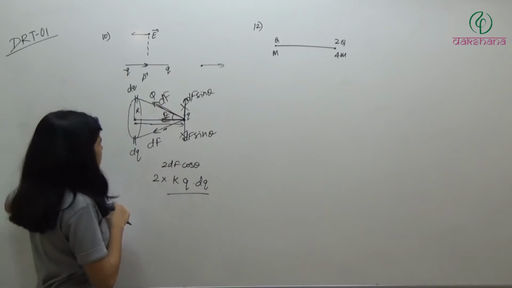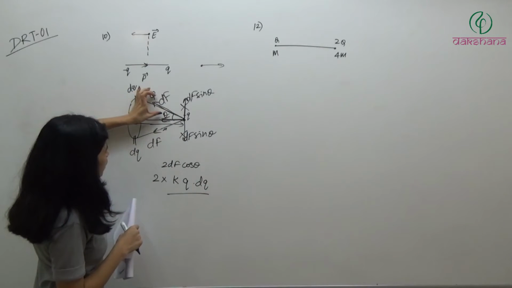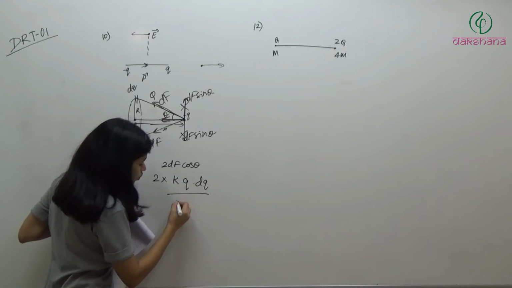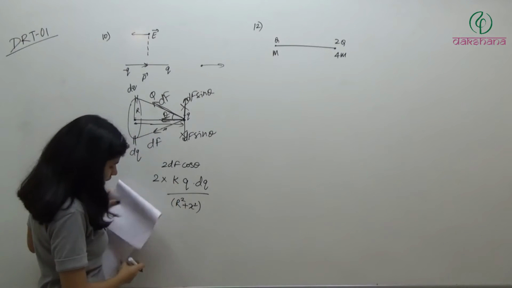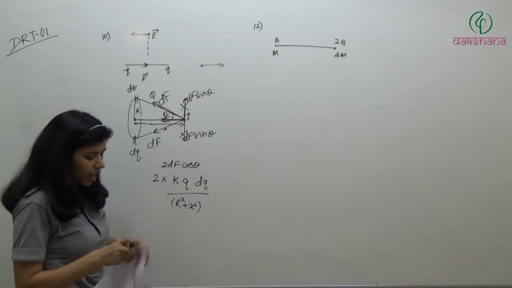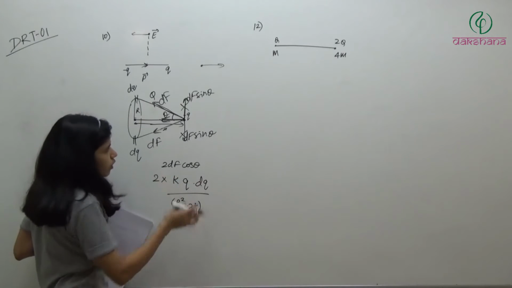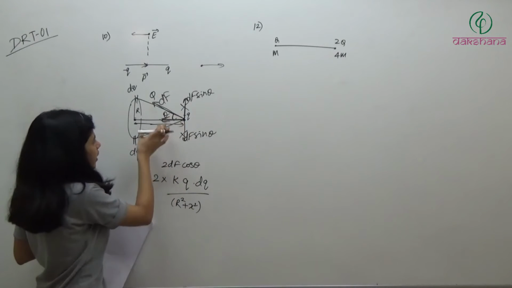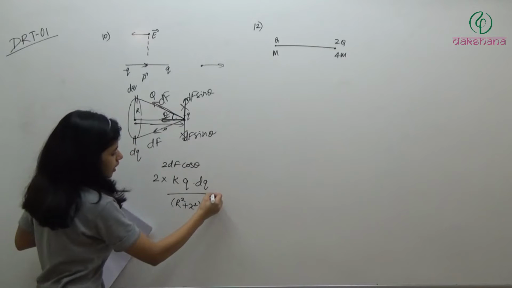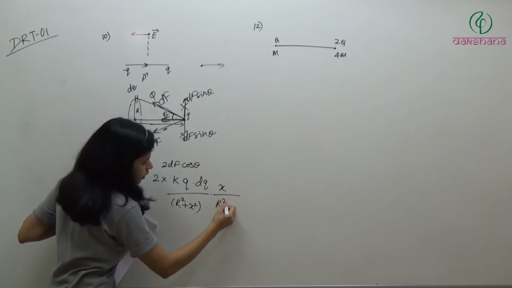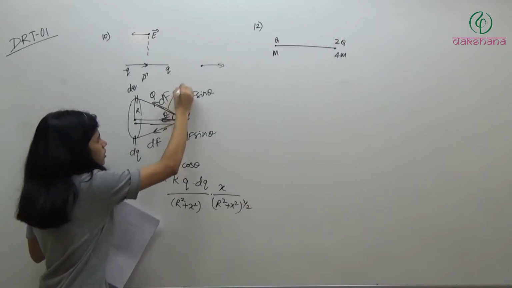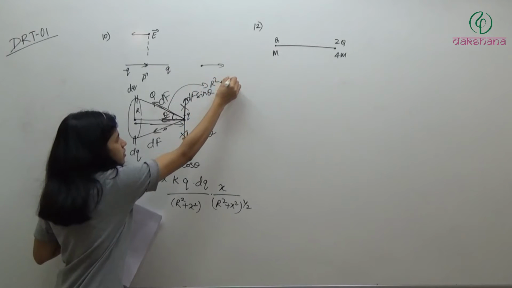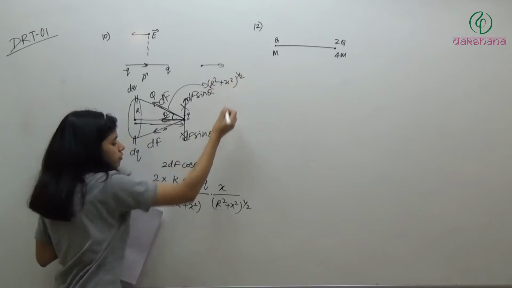Now this distance is r, this is x, so the distance is the root of r square plus x square, and then we square it, because it is k q by r square. So it will become r square plus x square, into cos theta. Cos theta will be this divided by this, so that is x divided by r square plus x square to the power half. Right? This is what? r square plus x square to the power half.